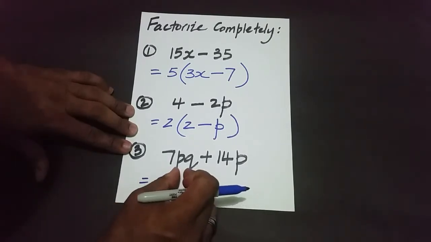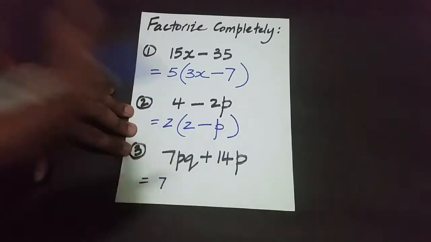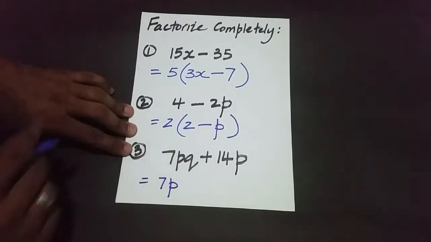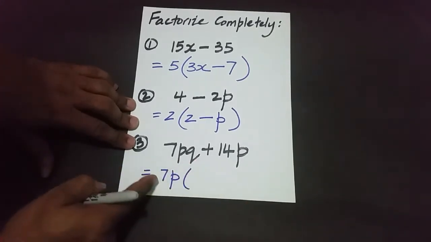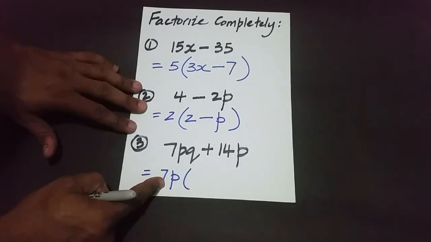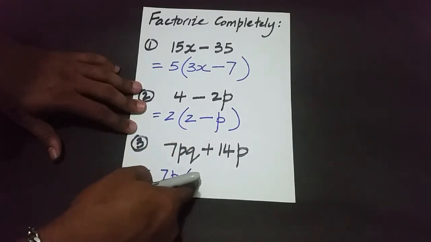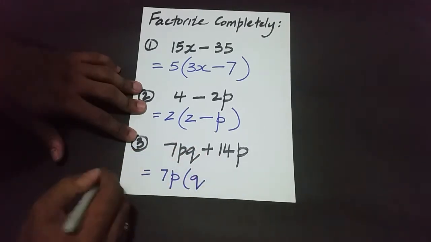And then when you look at the letters in 7pq and 14p, what is common in terms of it being the highest common factor, that would be p. So we will end up with 7p outside the bracket. And then in the bracket, we ask ourselves what we need to multiply 7p by to get the original thing. So 7p times what is going to give me 7pq, and that is simply going to be q.